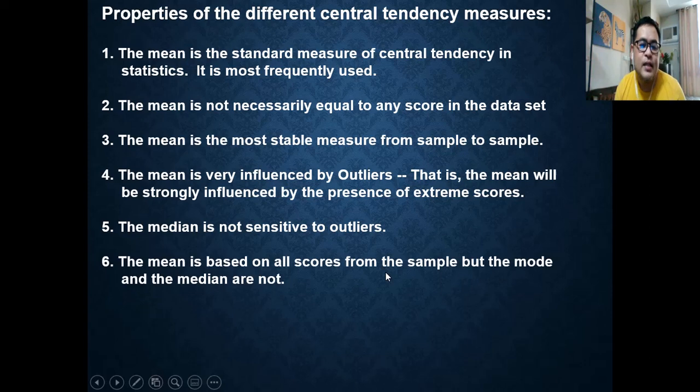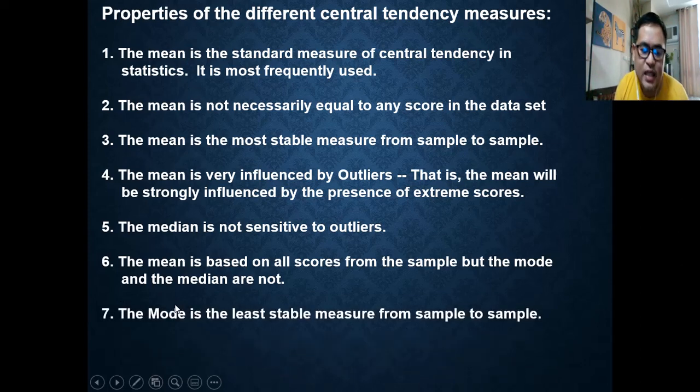Number six, the mean is based on all scores from the sample, but the mode and the median are not. I repeat, the mean is based on all scores. To get the average, we have to consider all the scores from the sample. But the mode and the median are not, because mode is the most frequent score while the median is the middle score.